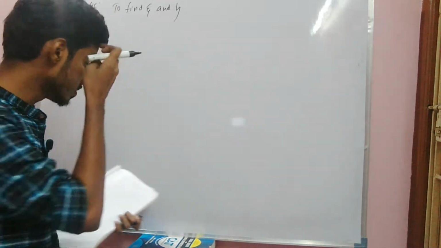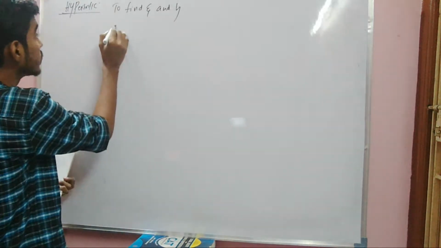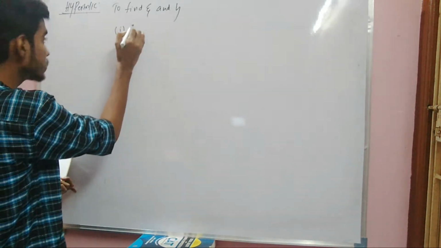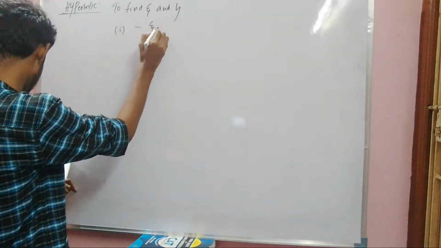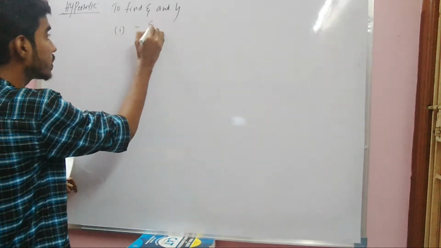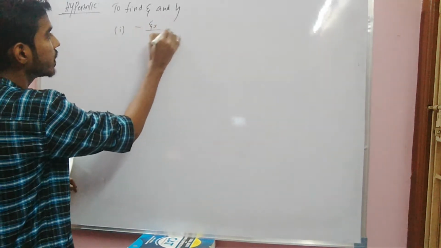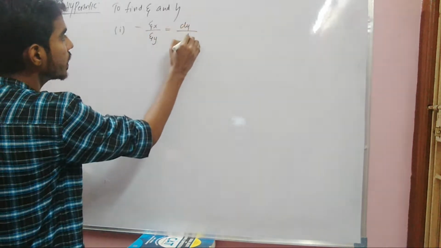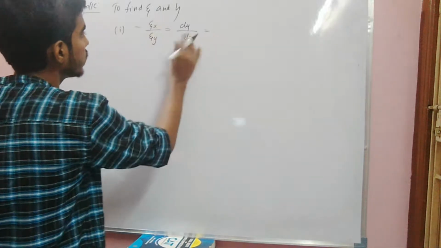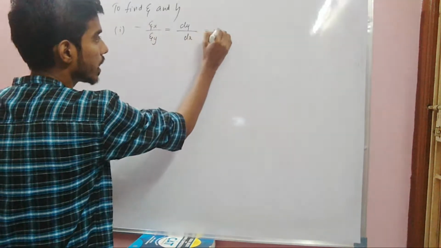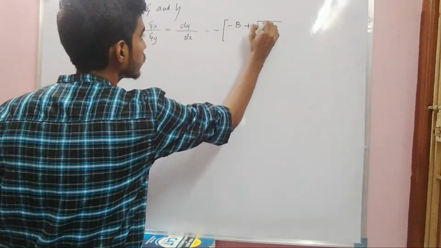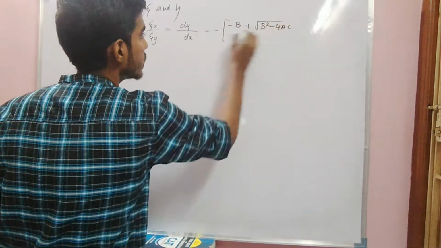So first what you have to do is make use of these 2 formulas. The first is minus theta x by theta y is equal to dy by dx, which is equal to minus b plus square root of b square minus 4ac divided by 2a.